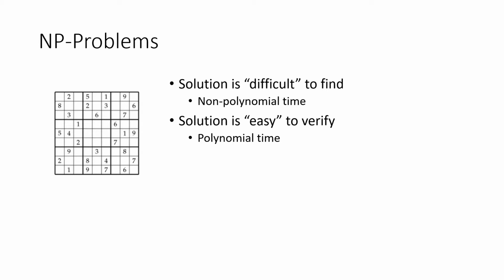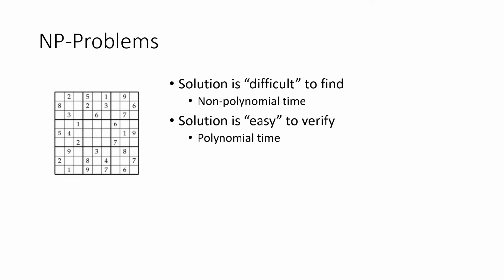If you double the size of it, it's more than doubling the complexity of finding a solution. The complexity of finding a solution grows in an exponential manner, more than polynomial time. So, anything that involves permutations or combinations to find the number of solutions often has a non-polynomial complexity to find the solution.